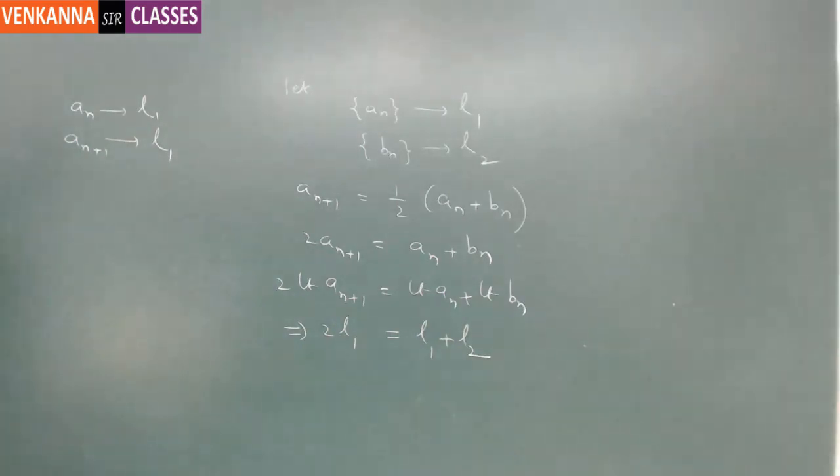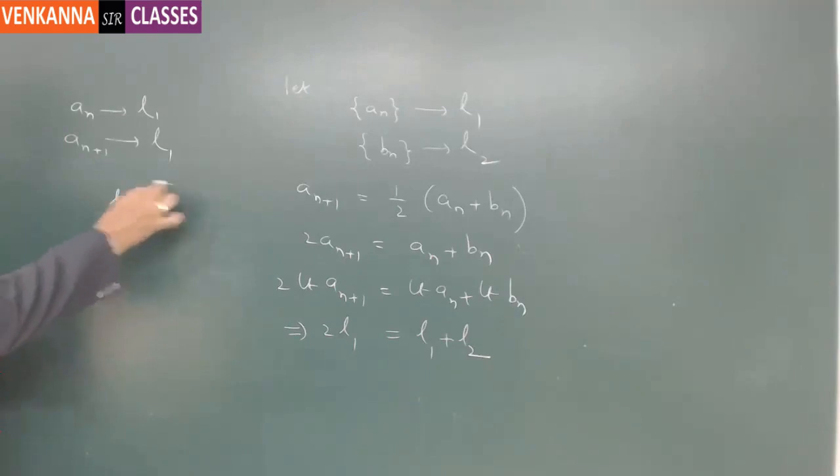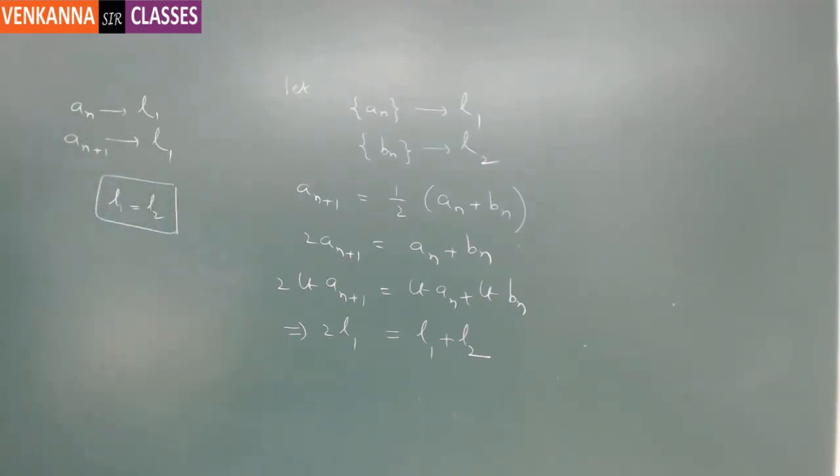So we need to understand that since the sequences are positive, if you calculate the limits, they are also positive. You cannot get a negative limit there. So to satisfy the equation obtained there, the only possibility is L1 is equal to L2. Therefore, we say that both the sequences will tend to the same limit. That was the conclusion.